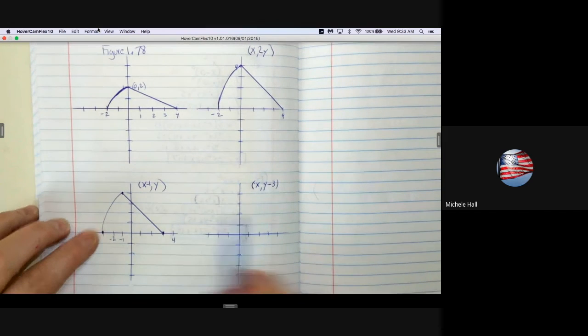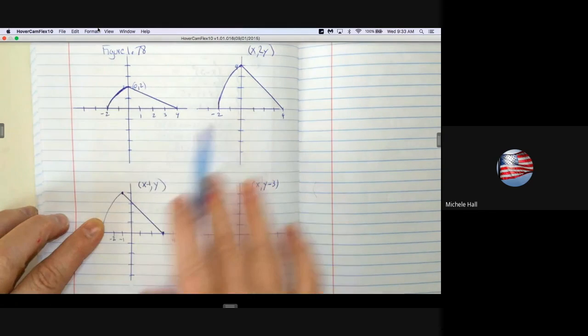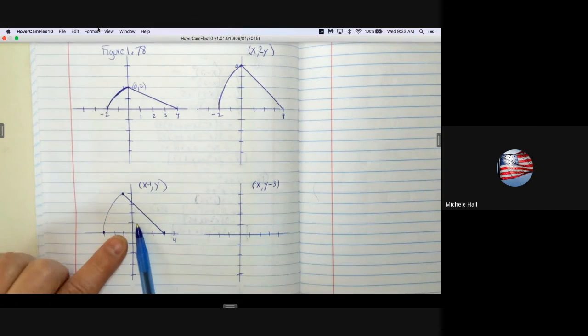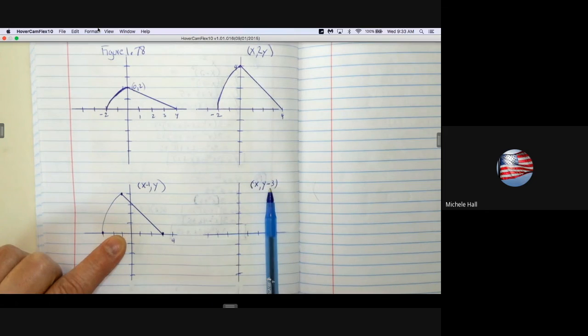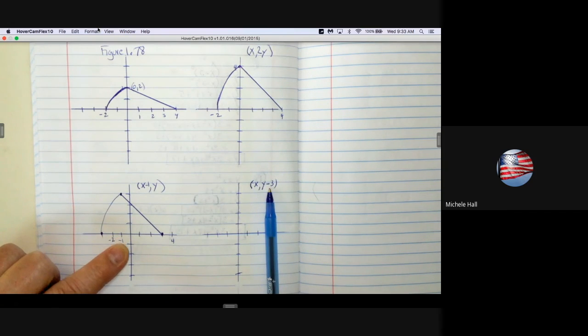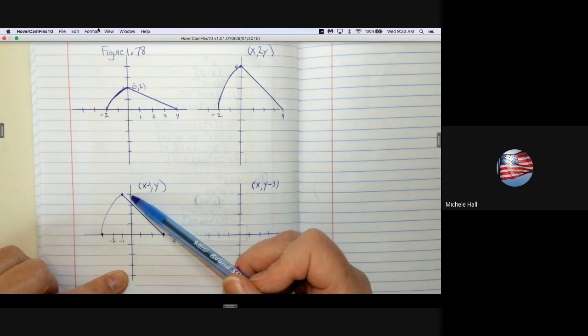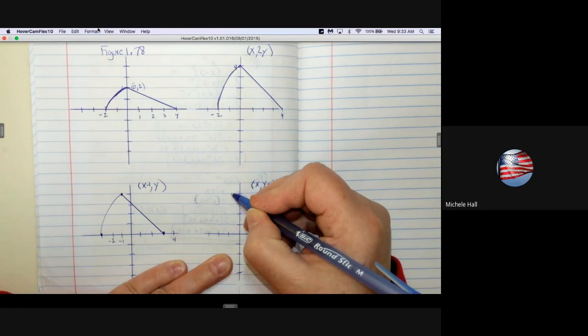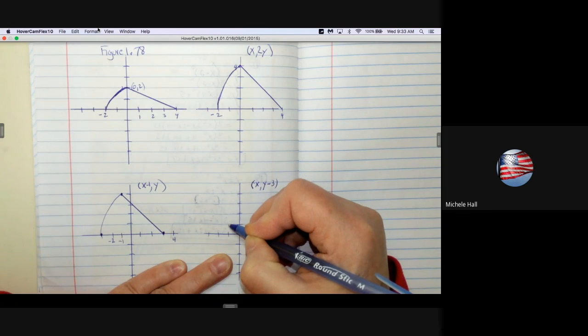All right, so we're using the previous graph. We're doing it in a sequence showing all of the transformations. We're using this one, and we're shifting all of our y values down 3. I was at 4, and I'm going to shift it down 3 units. 1, 2, 3.